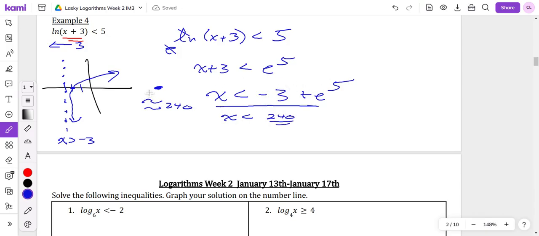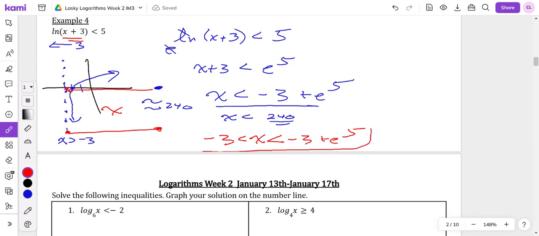You can leave it like this. I'm going to. But I'm way out here, and this tells me that I have everything to the left, but I have to stop right there because this tells me that I have to have everything greater than -3, and it stops right there. So if they stop, that means x is in between them, and I get -3 is less than my value of x, which is less than -3 plus e to the 5th.